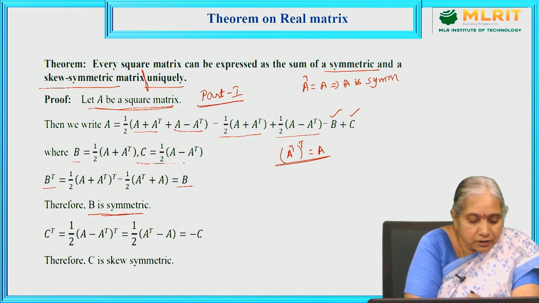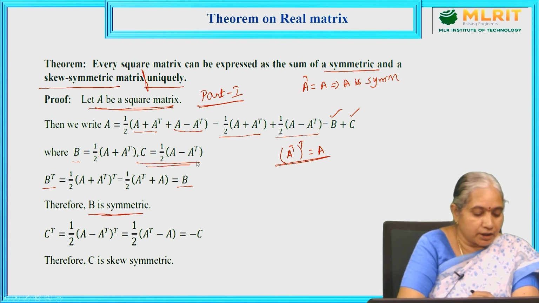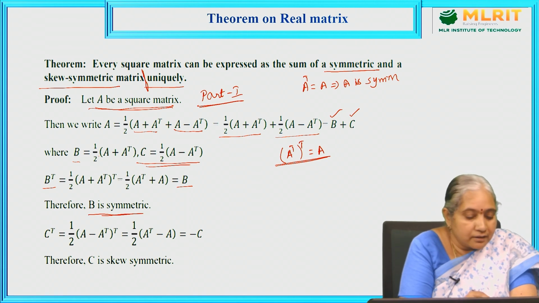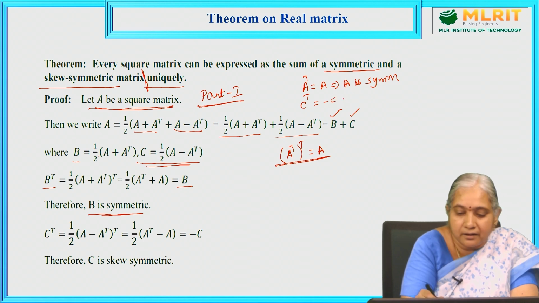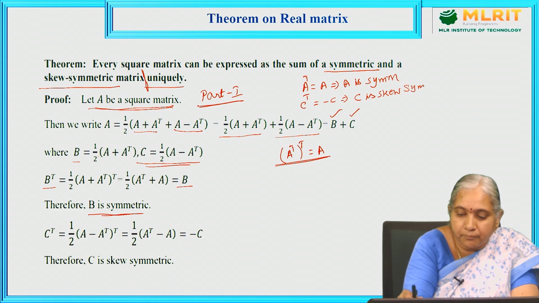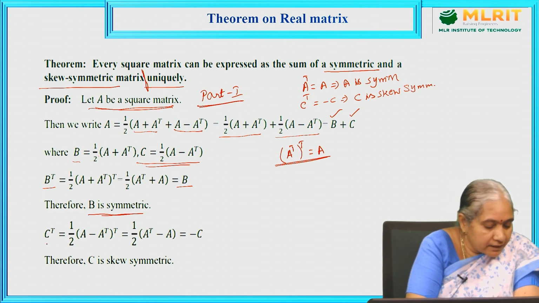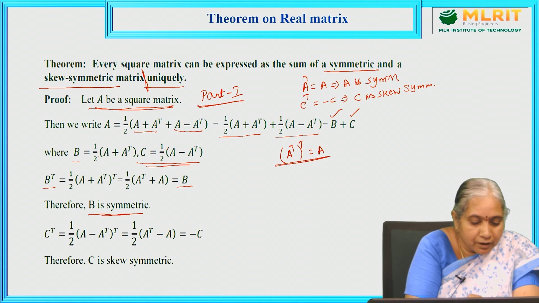Similarly, we have to prove that C is skew symmetric. So find C transpose. The skew symmetric definition is C transpose equal to minus C. Then we say that C is skew symmetric. So find C transpose. C equal to 1 by 2 into A minus A transpose.